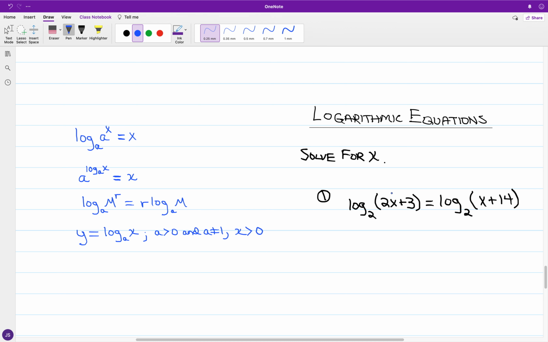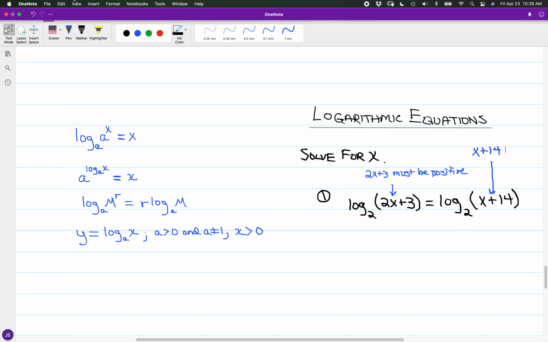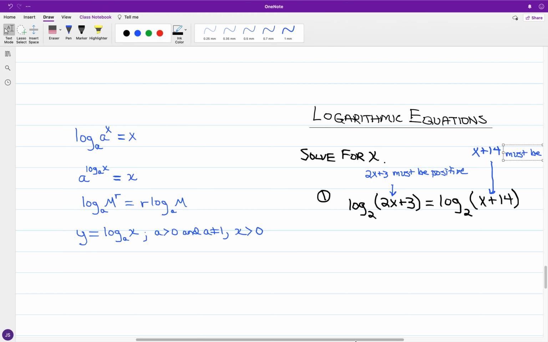So I'm going to write this: 2x plus 3 must be positive, and x plus 14 must also be positive.